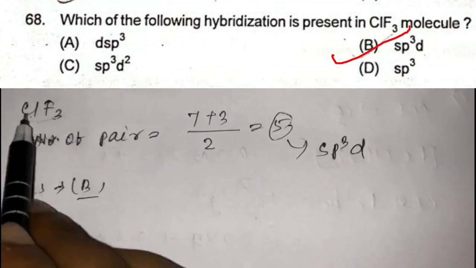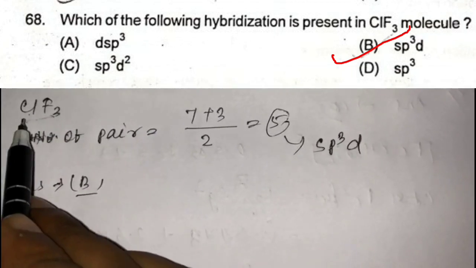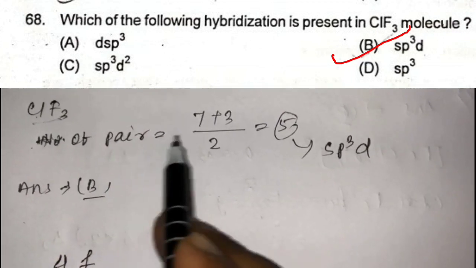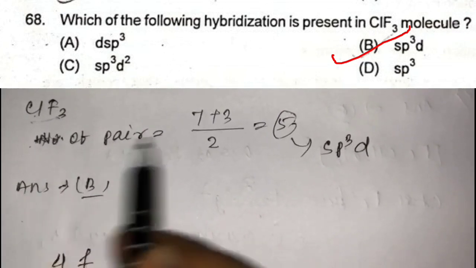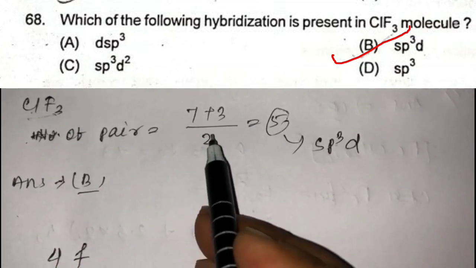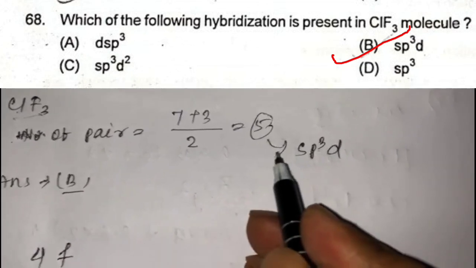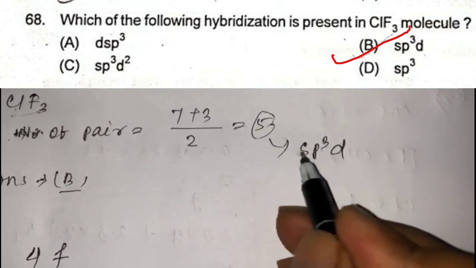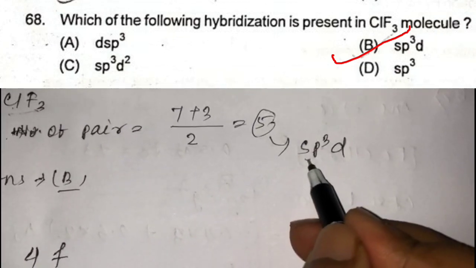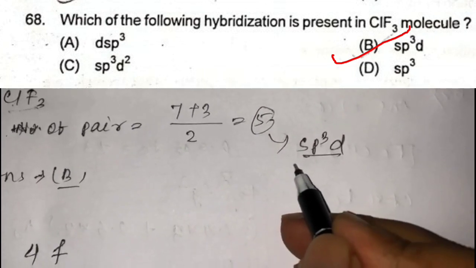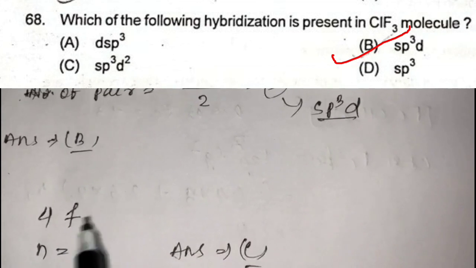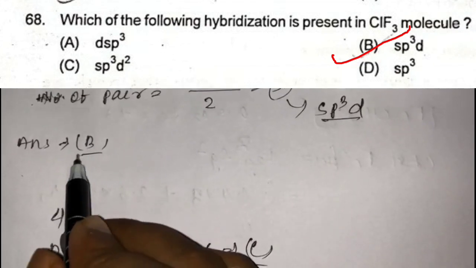So the valence electron of chlorine is 7, and number of monoatomic atom attached to the chlorine atom is 3. Plus 3 divided by 2 will be 5, and if there are 5 electron pairs present, then the hybridization must be sp3d. So the correct answer of 68 number question is sp3d, that is B option.